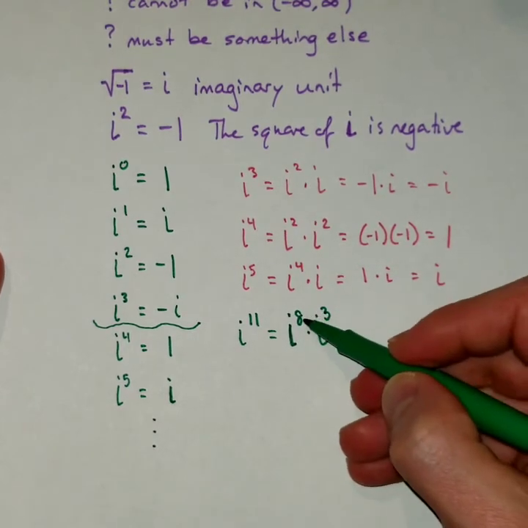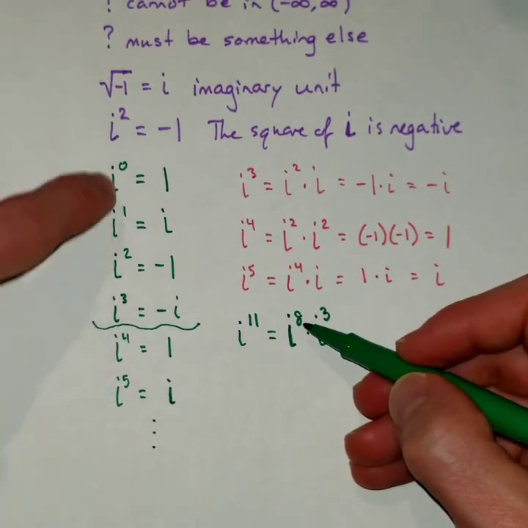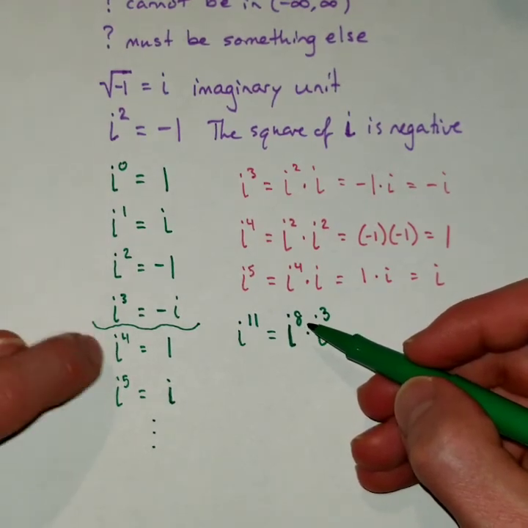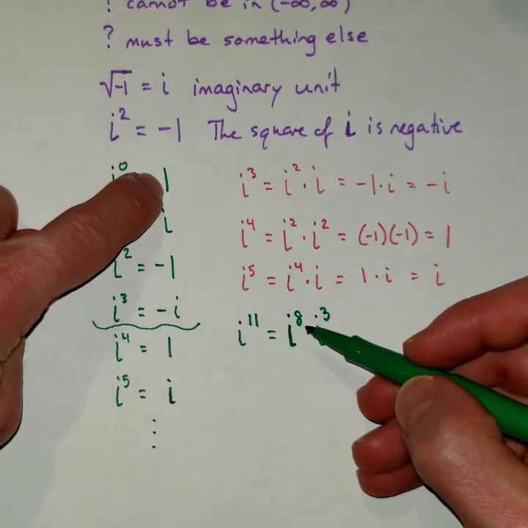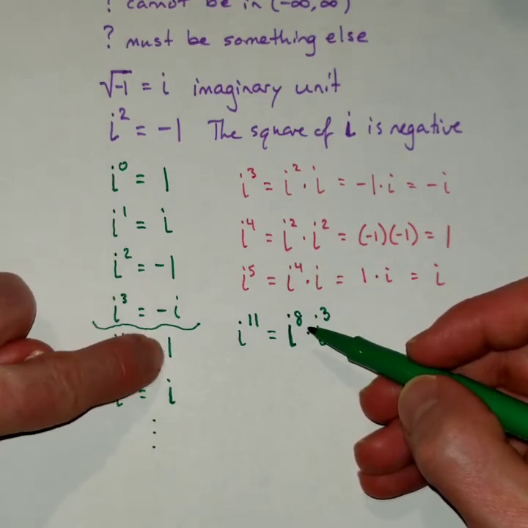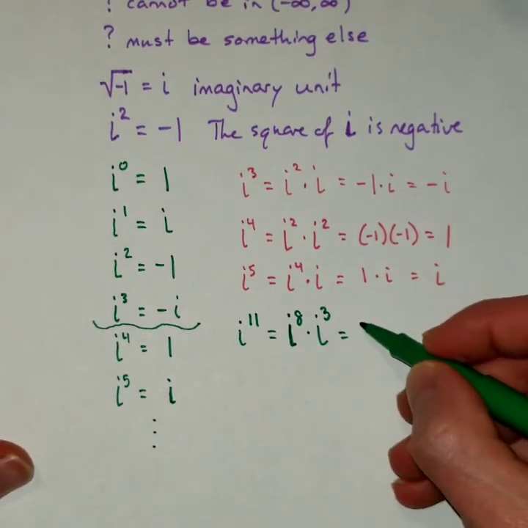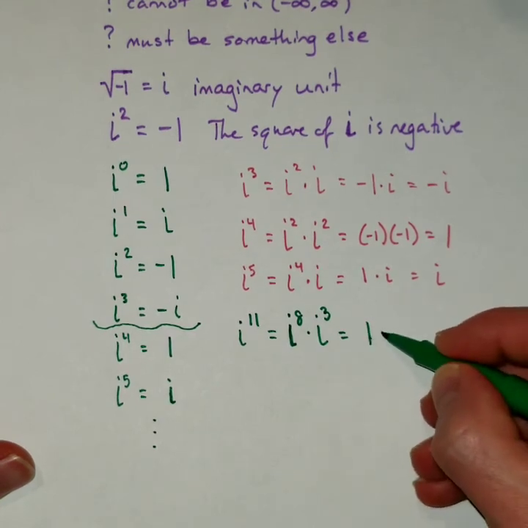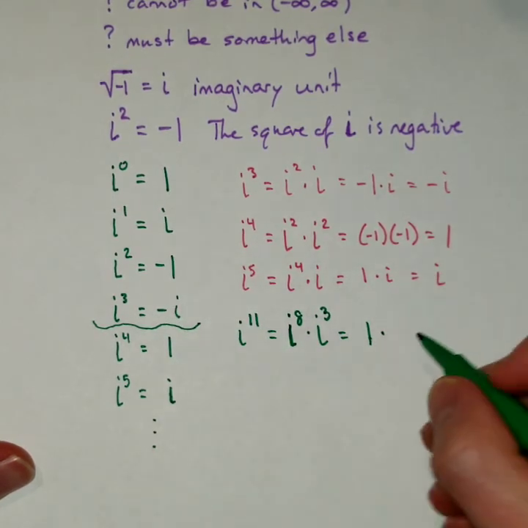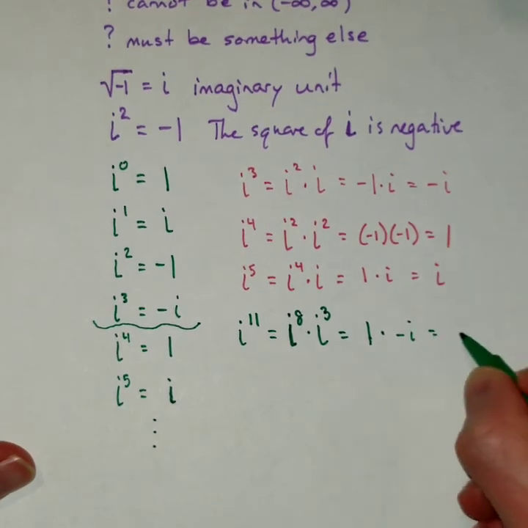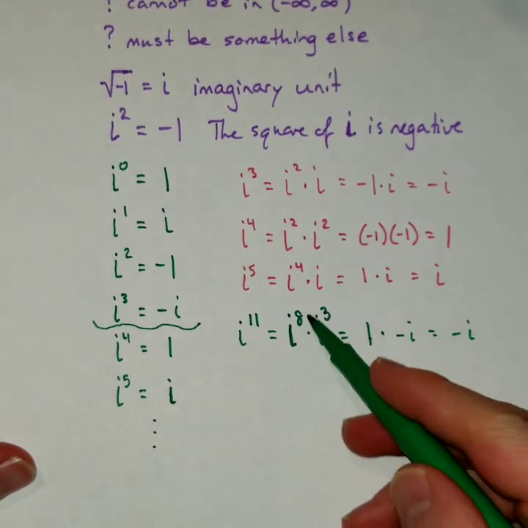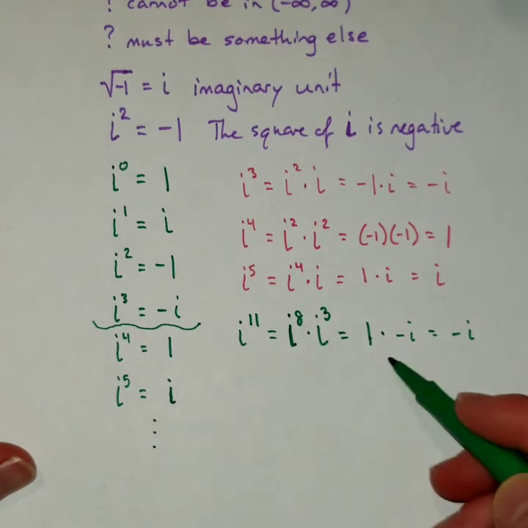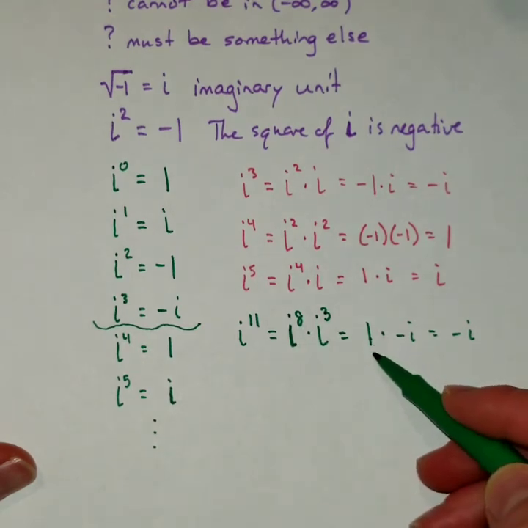Well, i to the 8th, any multiple of 4, is going to be 1, right? i to the 4th is 1, i to the 8th is 1. So i to the 8th is 1, and i to the 3rd is -i, and so it's just -i. Anytime you get a power that's a multiple of 4, it's going to be equal to 1.